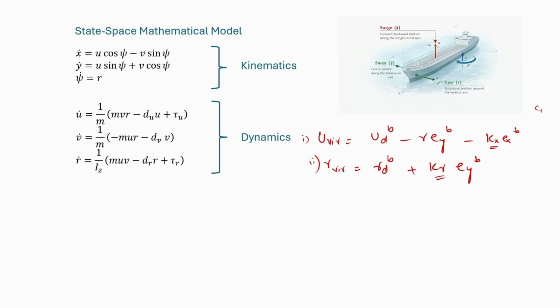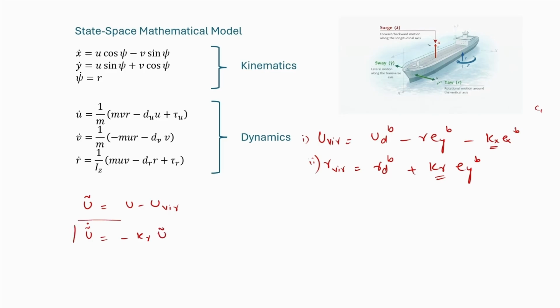So I will define another variable, which is the error between them, u minus u virtual. Before that, as I explained in the previous slide, our aim is to achieve u tilde dot, which is the tracking error, should follow a criteria. So let me call this ku. This is again a constant, times u tilde.